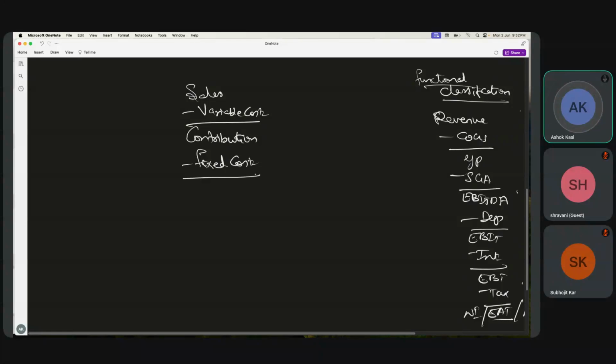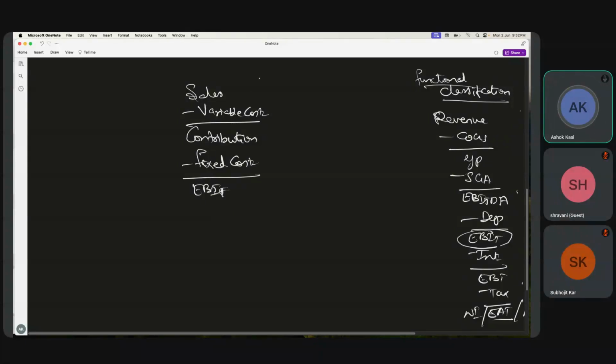That will give you, not EBITDA, EBIT. Okay, EBIT here. Further there are more lines, but let's stick to this much at the moment, and in a few minutes I will continue this further.